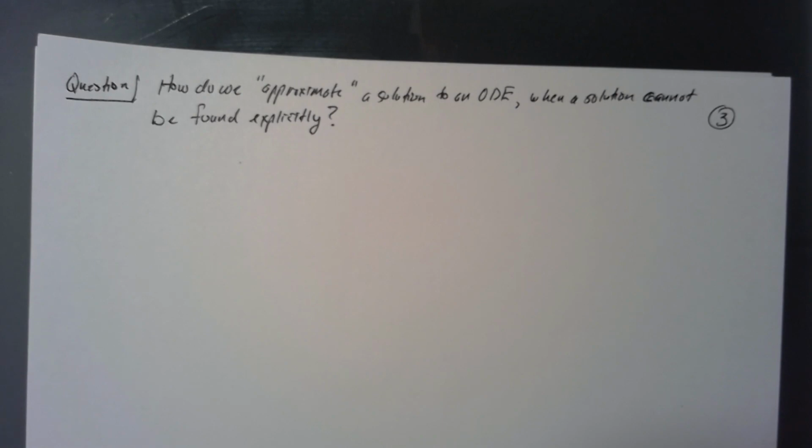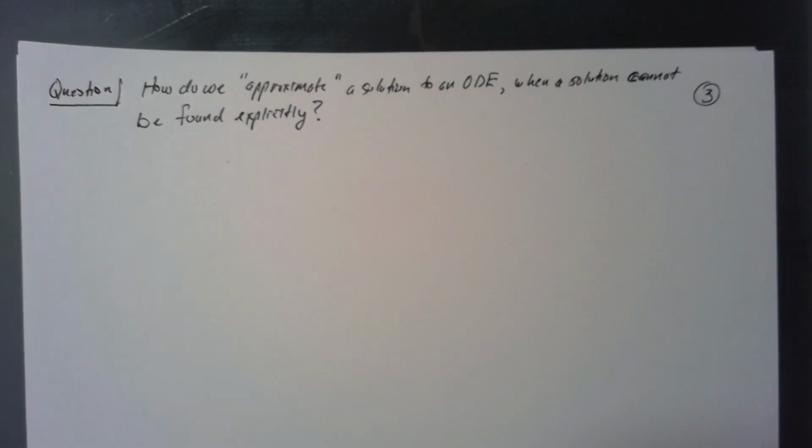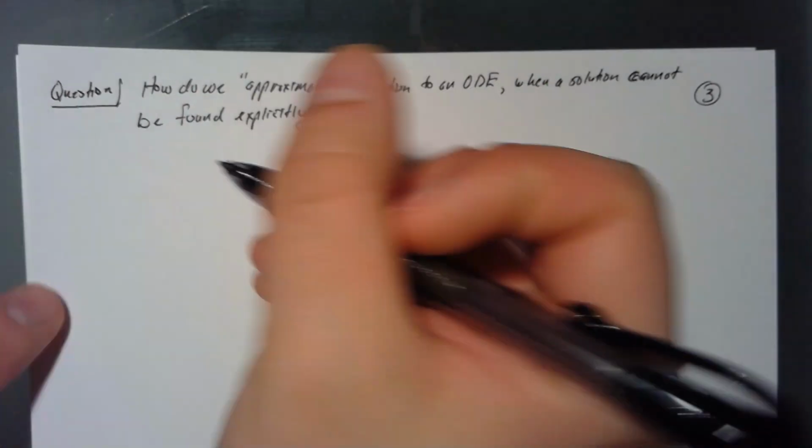Well, there are a lot of ways. And again, if you took a differential equations course, you'll see many ways to do this. But since we're only interested in first order linear differential equations, we're going to use a very old and very stable method, and that's called Euler's method. So let me say this.